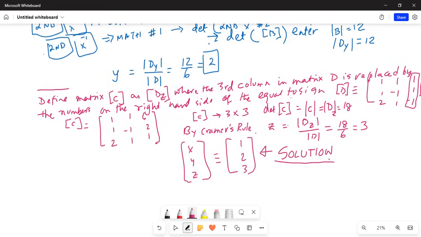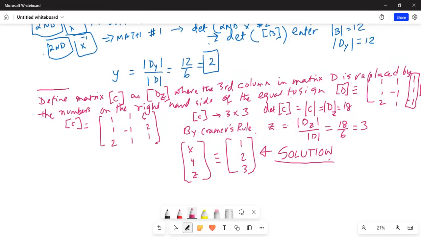Now in the numerator, to solve for X is determinant dx divided by determinant D. What is determinant dx? In the original coefficient matrix, we replace the first column by the numbers on the right-hand side of the equal to sign. This we do for X. For Y, we replace the second column by the numbers on the right-hand side of the equal to sign.